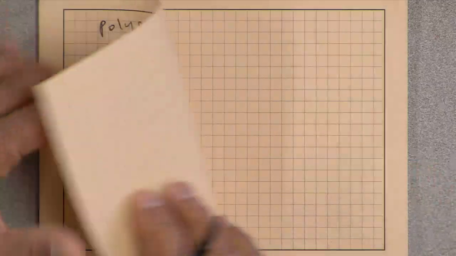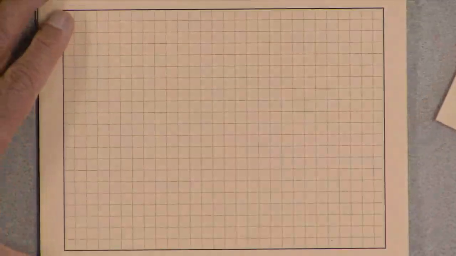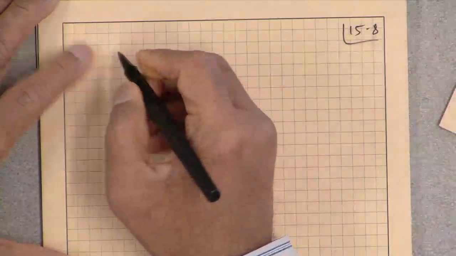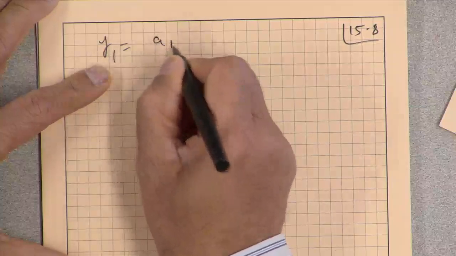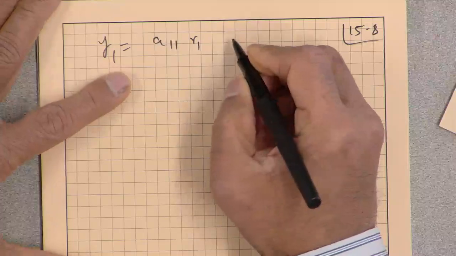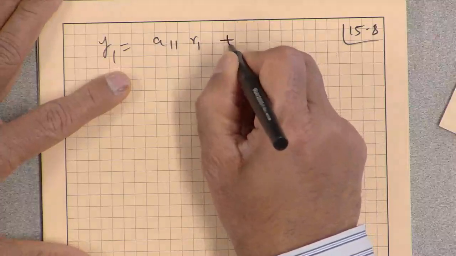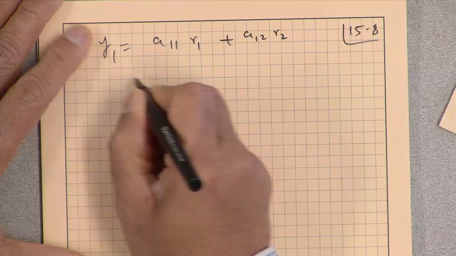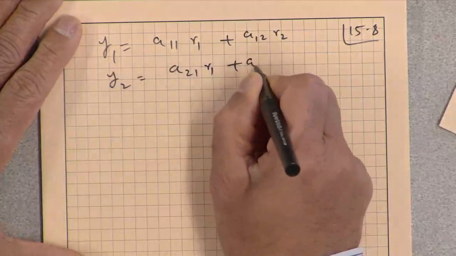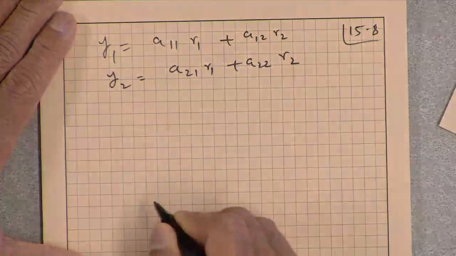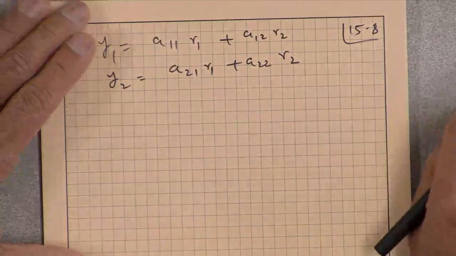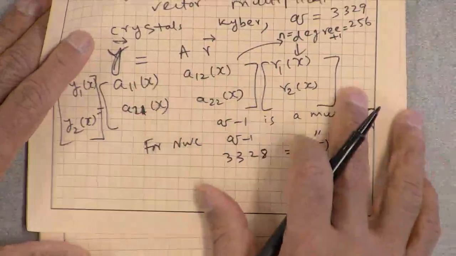So for example, Y1 is A11 R1 plus A12 R2, Y2 is A21 R1 plus A22 R2. Now, by the way, for this A matrix there is no need to compute the NTT of that.